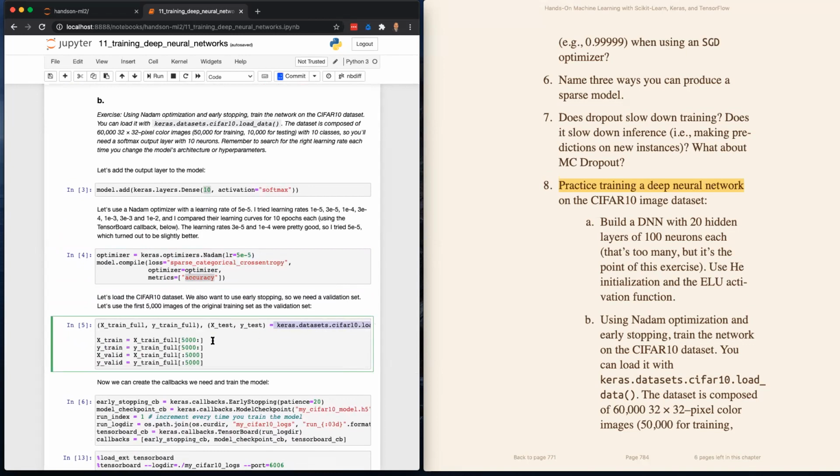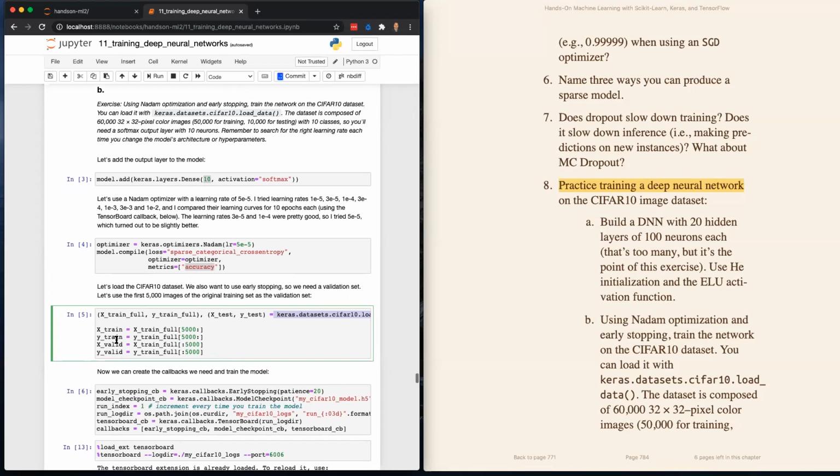We loaded it into x_train_full and x_test. x_train_full has, I think, 60,000 images of 32 by 32. So we're going to divide first: the first 5,000 are going into the validation set, and the rest is going into the training set.